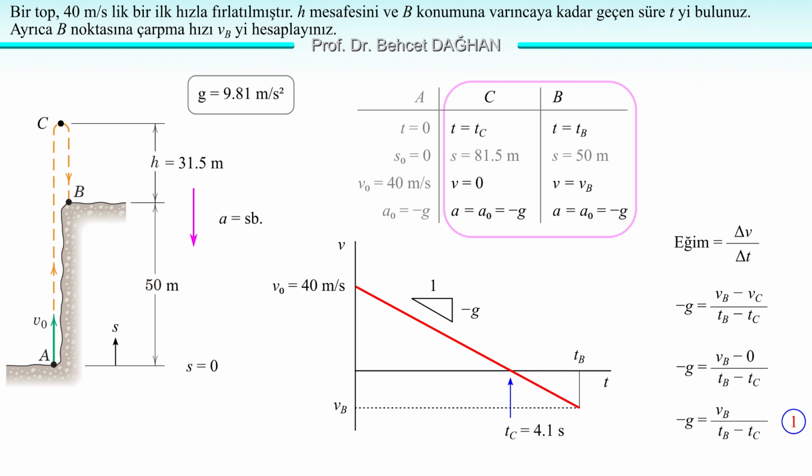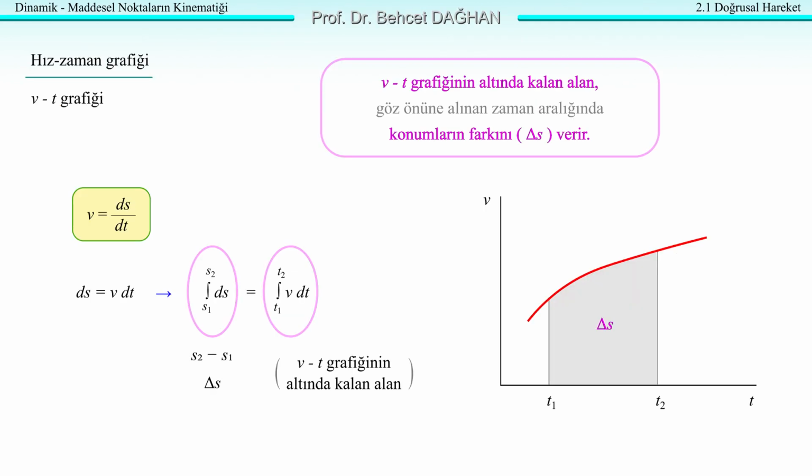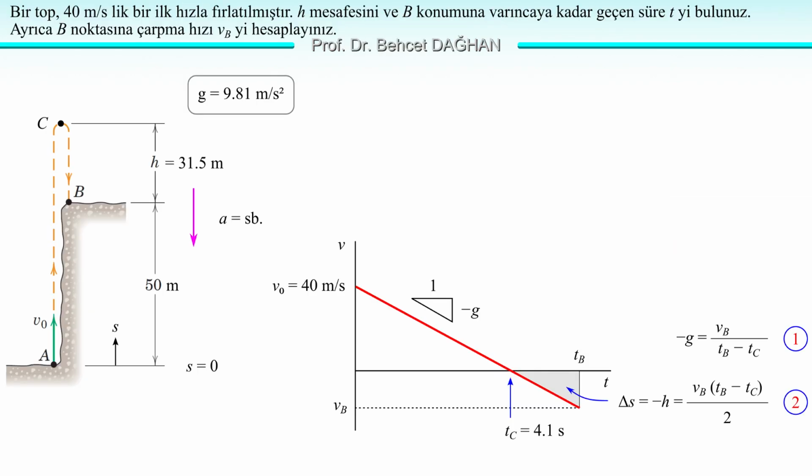Let's write it using the area under the curve. We know that the area under the velocity-time graph gives the difference in positions, or delta s, during the time interval under consideration. Now, the interval we're considering is between C and B. We'll find the area under the curve between C and B. When we examine the graph, we see that this area is a negative area.